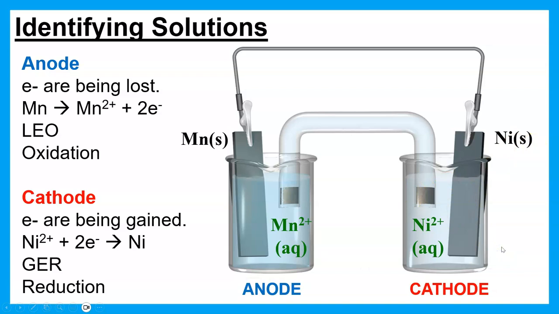They will usually tell you what the cation is that would accompany it, like manganese nitrate, maybe that's what you have. They'll tell you what the compound is that made these solutions. It should be soluble though, right? Because we want manganese ions floating around and we want nickel ions floating around.